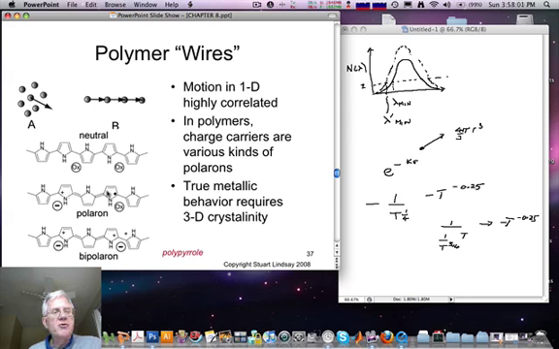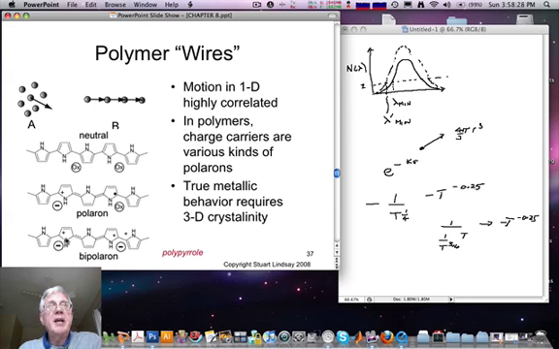Because this structure contains a radical, it's actually stabilized by a second reduction, so shown here, where now one has a carrier of charge plus 2e, which once again is free to move, providing there is enough thermal energy to pay the reorganization energy price of conductance. You can see that this motion is very far from the idea of metallic conduction.